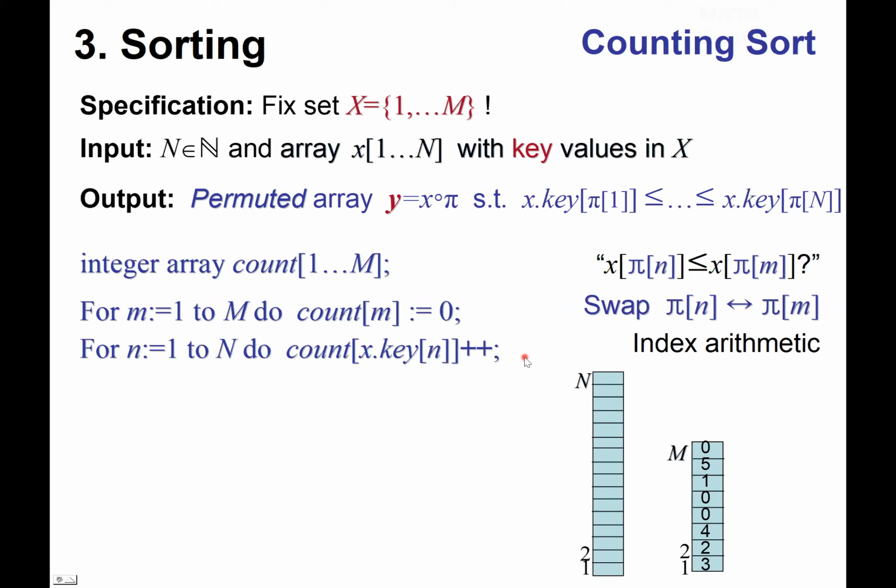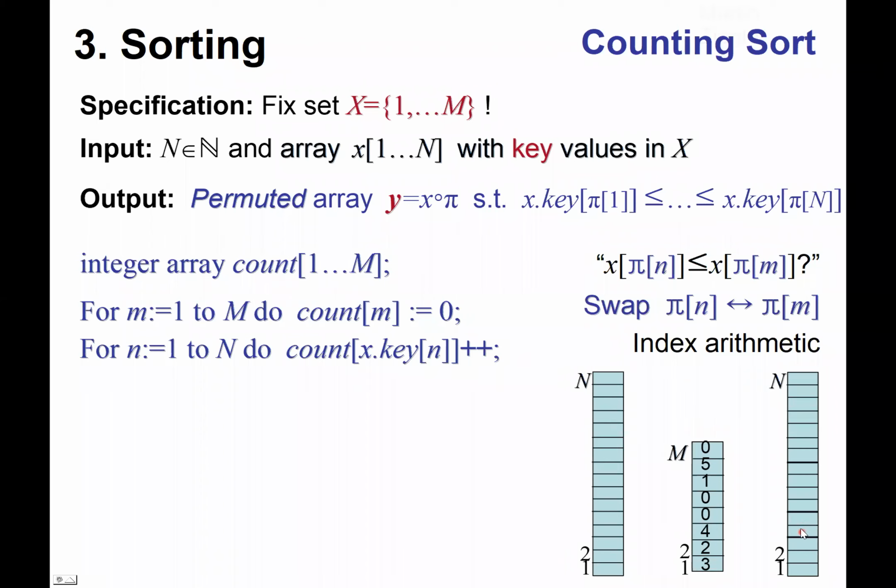And once we know how often each integer occurs, we can easily calculate where these integers will end up in the sorted array after sorting. Namely, in this example, 1 occurs 3 times, meaning that the first 3 elements in the output sorted array will all be repeatedly this element.